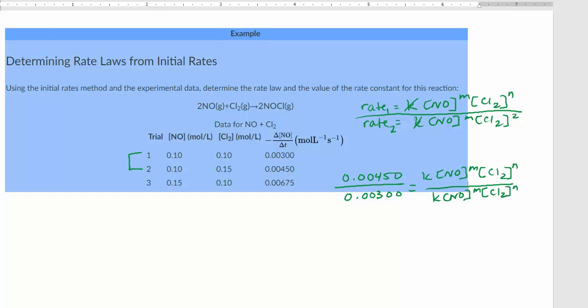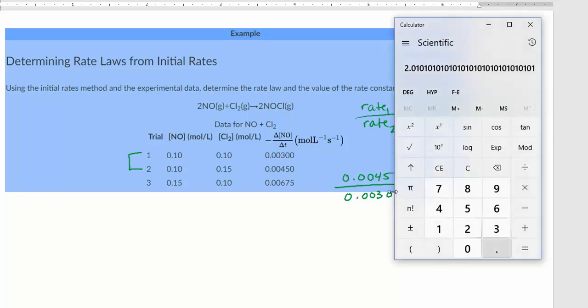If 0.10 is raised to the same power on the top and the bottom, they will cancel out, regardless of what that power is. K will also cancel out because it should be the same regardless of the trial. So what we're looking at is the ratio of the rates, which I can calculate: 0.0045 divided by 0.003, and that's going to be 1.5.